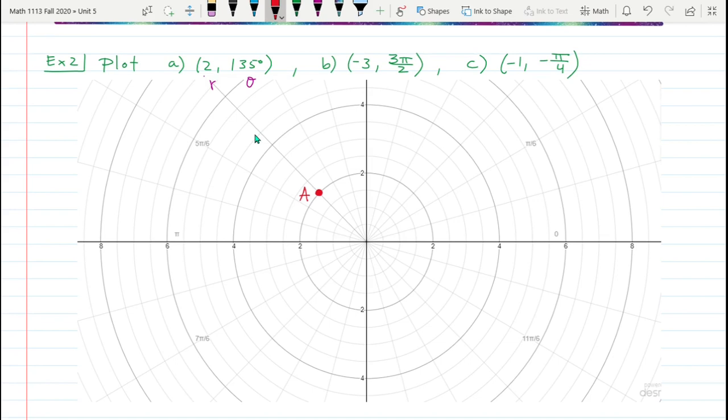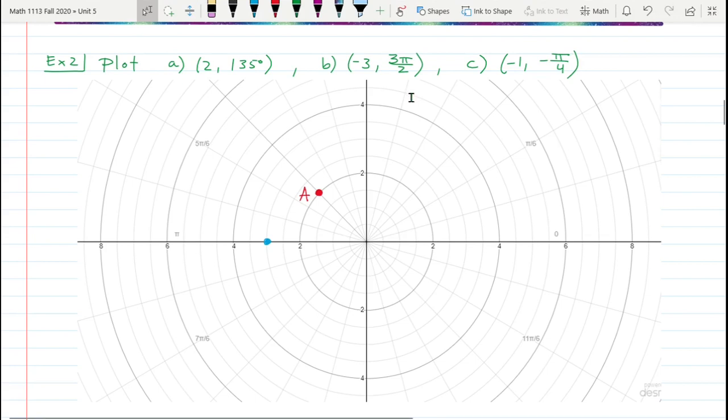Then B tells me to go to the left 3 units. So from the pole, we'll change to a different color, from the pole to the left, -3, and then open up to angle 3 pi over 2.